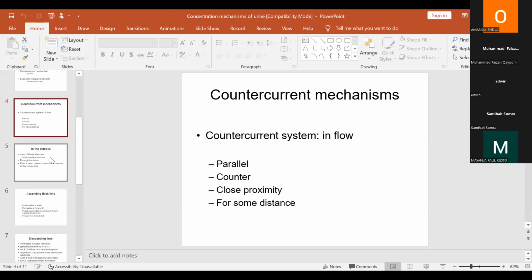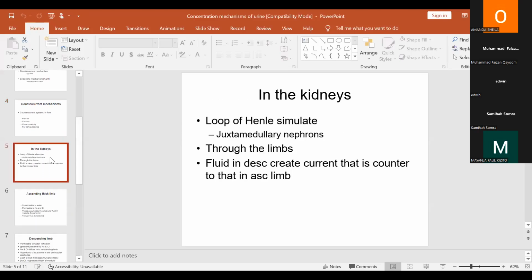So let's look at what happens. Say, for instance, in the loop of Henle, we already said the juxtamedullary, and through the limbs.